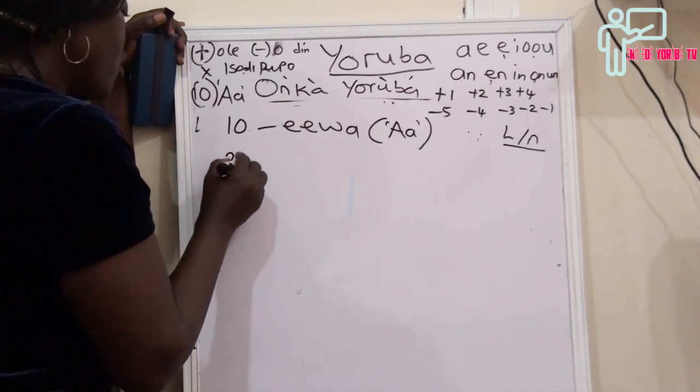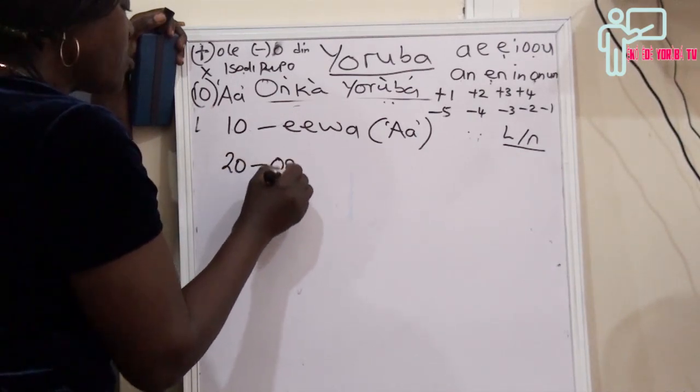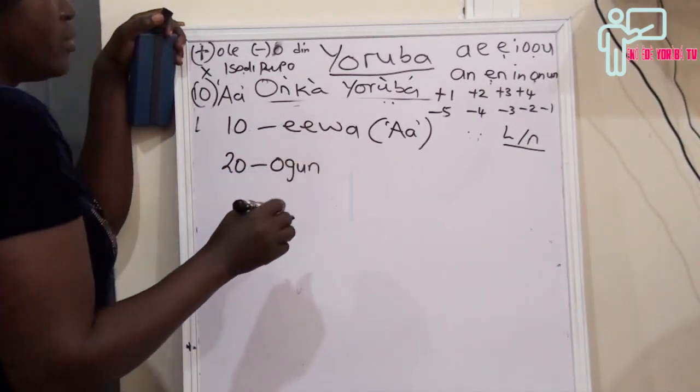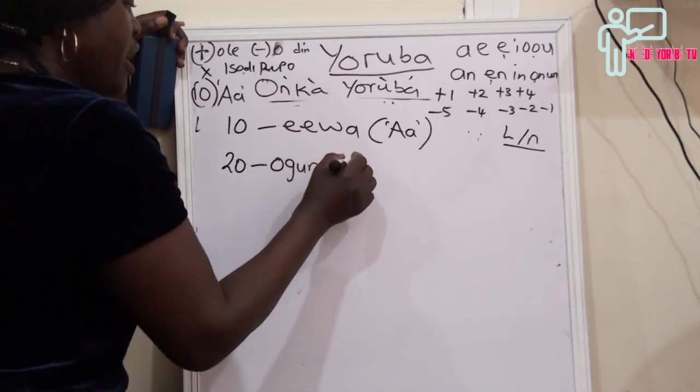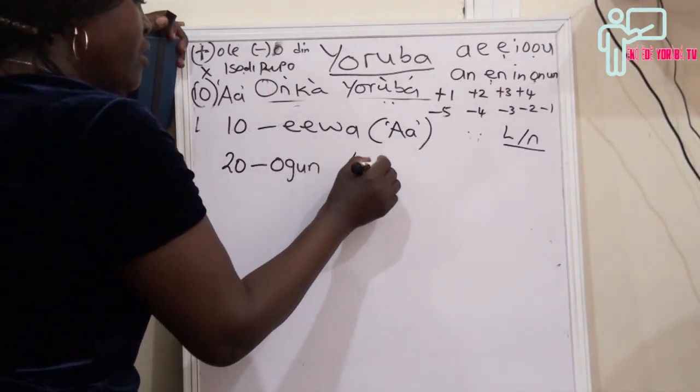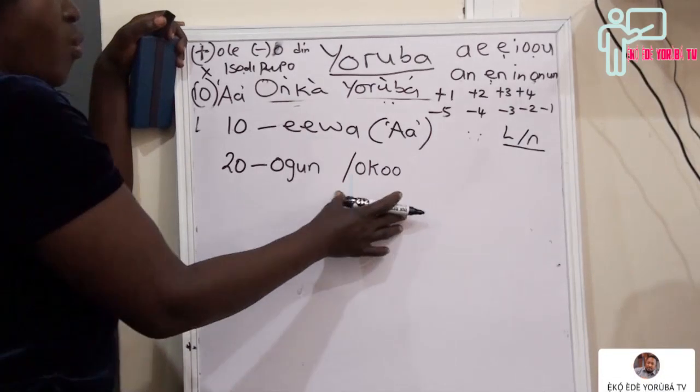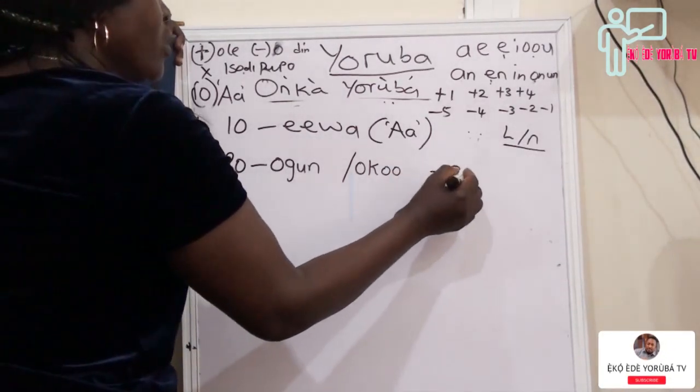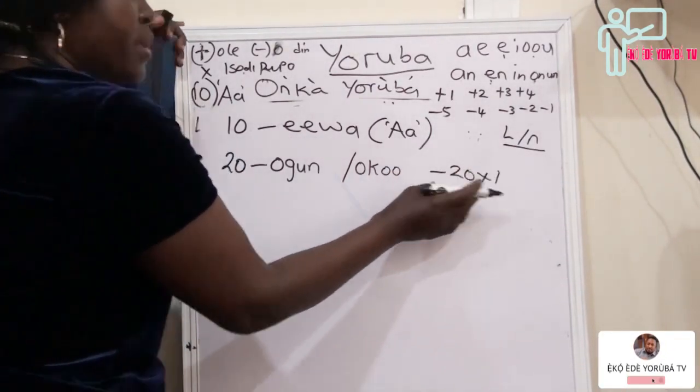So, and this one is 20. I said it's ogún, or you say okòó. Another name for it is okòó. That is where we see 20 times 1 multiplication.